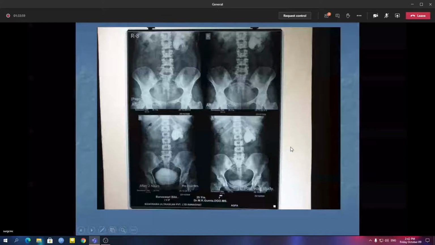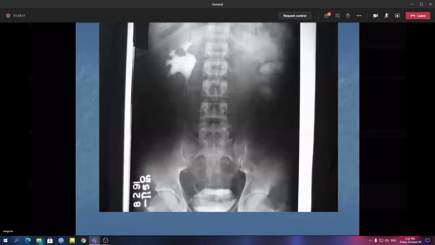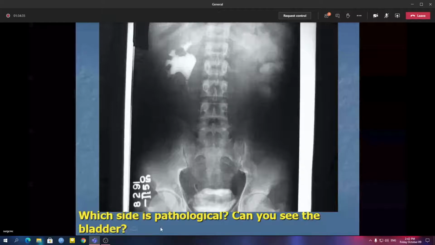So there is some pathology in the PUJ because of which the pelvicalyceal system is dilated and retaining dye even after voiding, even after hours. Another picture: the pelvicalyceal system dilated on one side, this side voided, this side still remaining. Cannot go down. Bladder is visible.